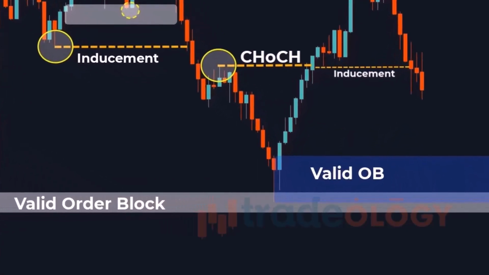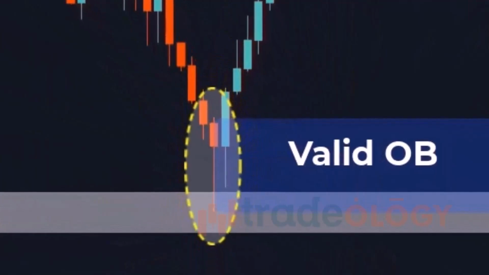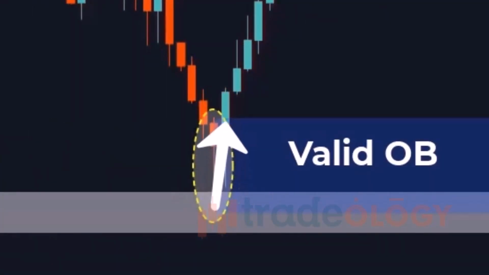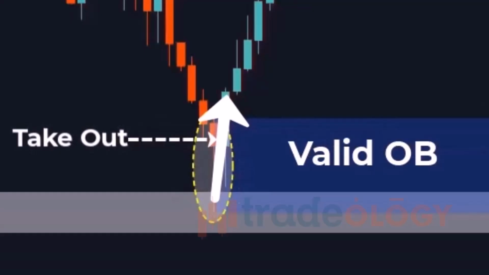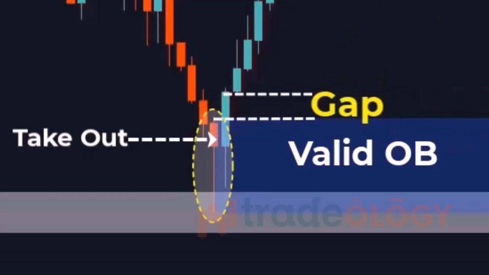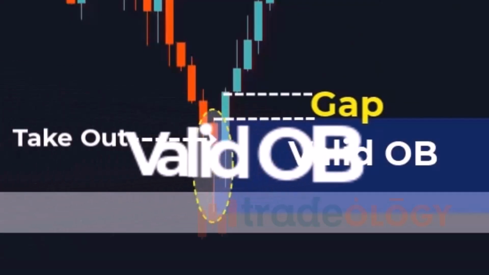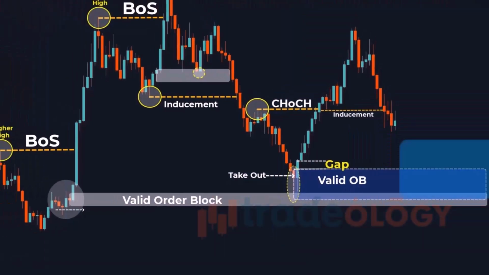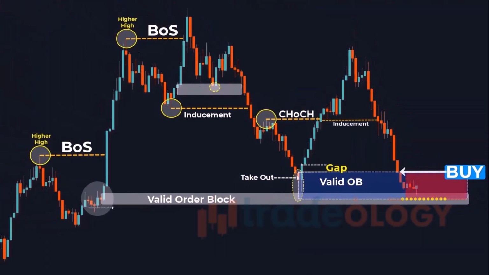In this scenario, this red candle represents the last bearish candle formed just before price dramatically pushes higher, sweeping liquidity beneath the low of the previous candle. Additionally, there is a visible imbalance above it. Therefore, this candle is our valid order block, offering a high probability of price retracing. If price taps into it, we should consider entering the market with a long position.